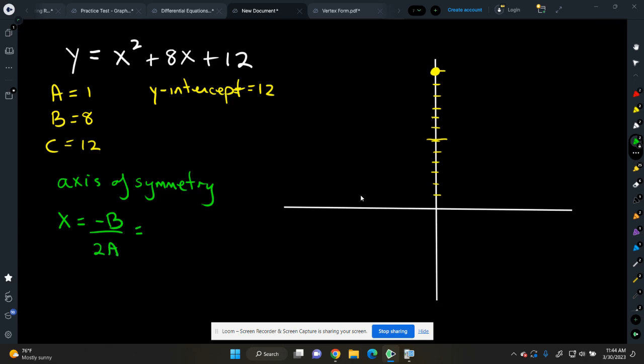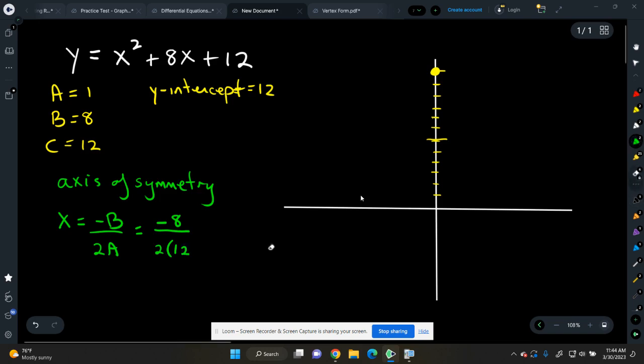Well, b is 8, so we've got negative 8 over 2 times... I'm sorry, b and a, not c. Over 2 times 1, which equals negative 4. My axis of symmetry is x equals negative 4.